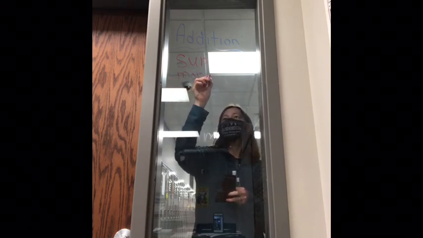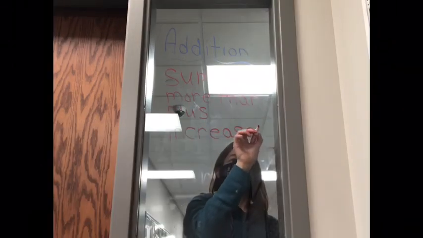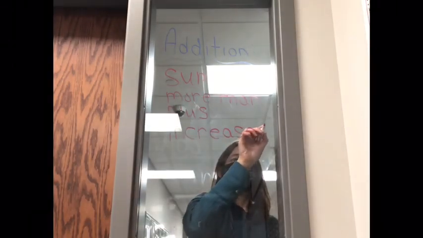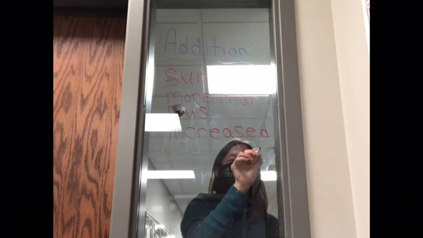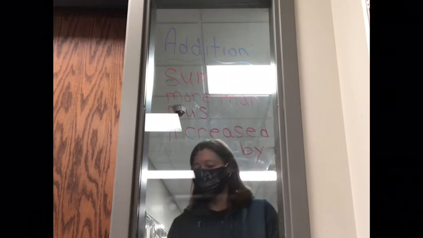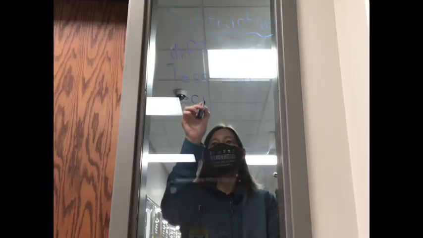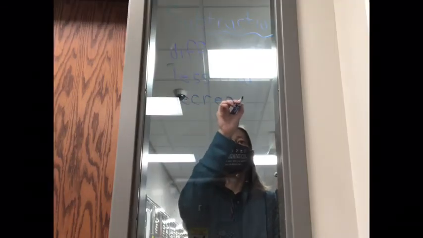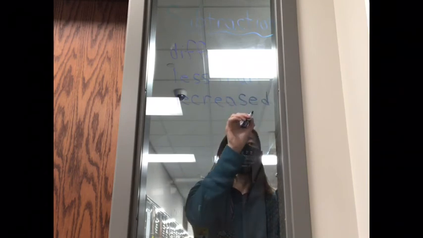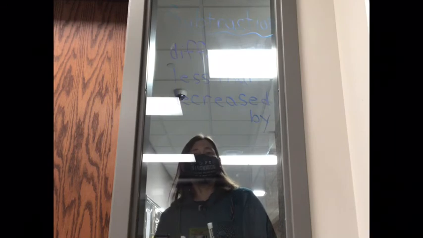But some words that we can use for addition are sum, more than or greater than, plus, and increased by. Words for subtraction include difference, less than, decreased by, and minus.